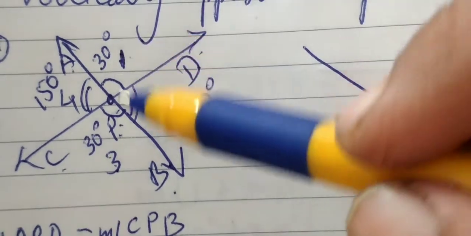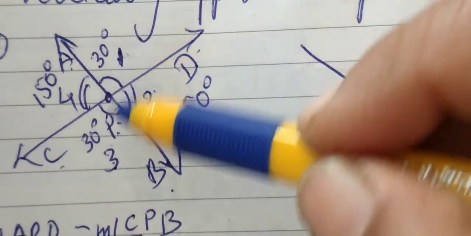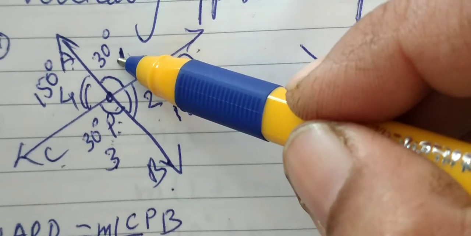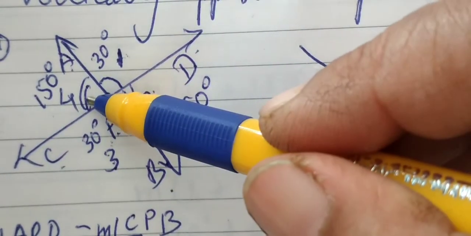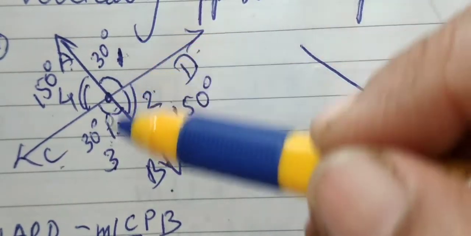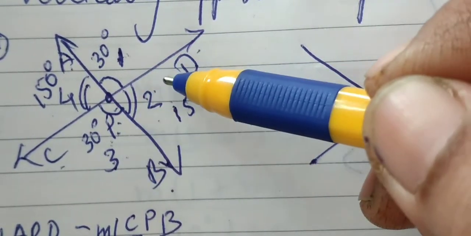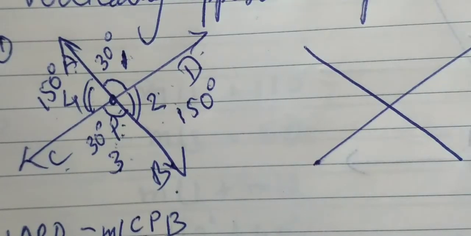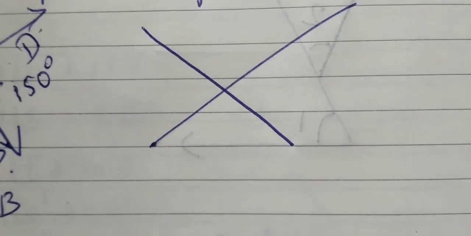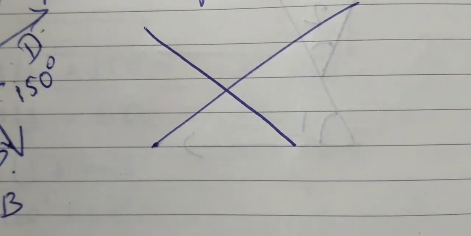Okay? And vertically opposite इसलिए कहते हैं कि ये दो vertically आमने सामने हैं. So 1 and 3 are vertically opposite, and 2 and 4 are vertically opposite angles. 1 and 3 measurements are the same, 2 and 4 measurements will be the same. Clear?